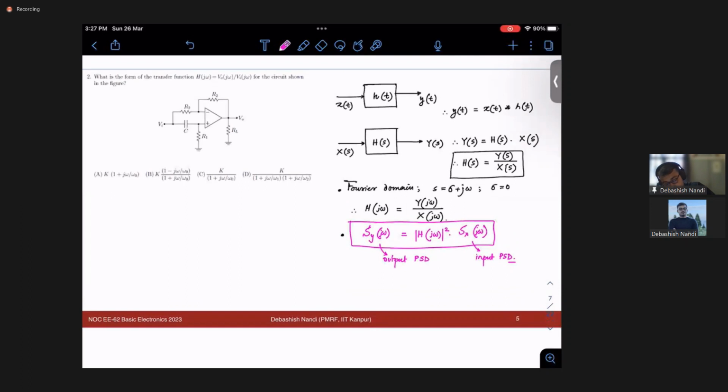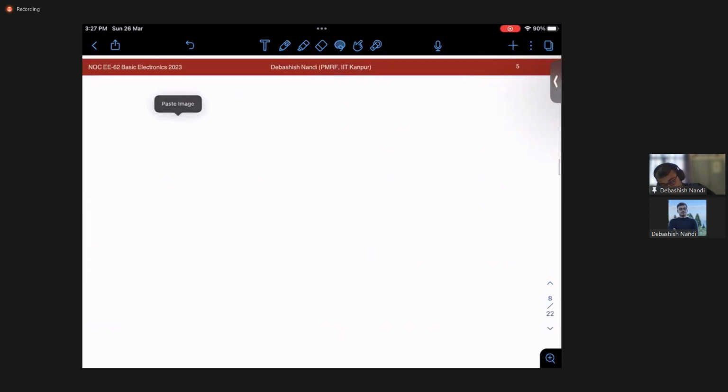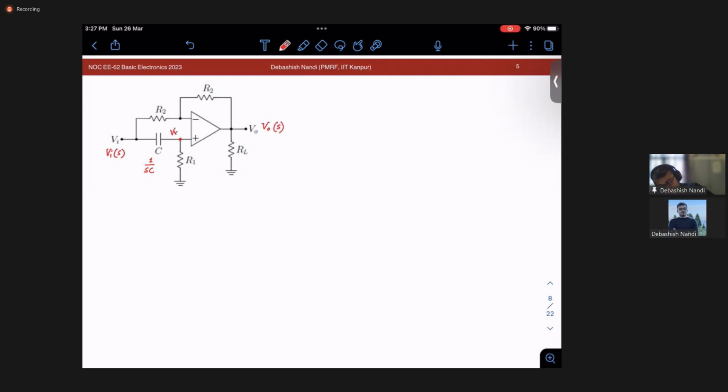So if we have to solve this problem, how will you go about it? This is pretty simple actually, because your C in the Laplace domain is nothing but 1 over SC, and resistance remains the same. This input I will take as Vi of S, and output as Vo of S. So what is my Vx of S?